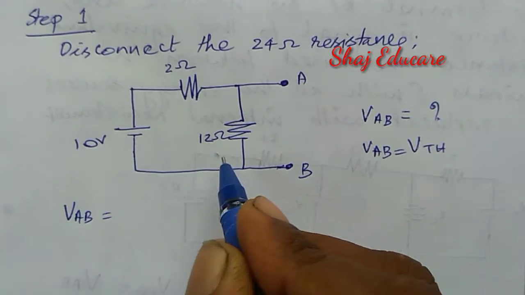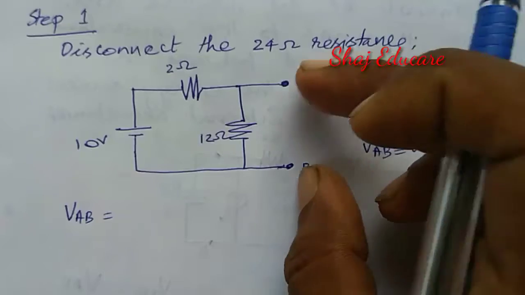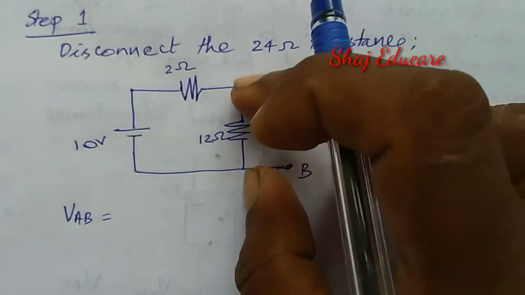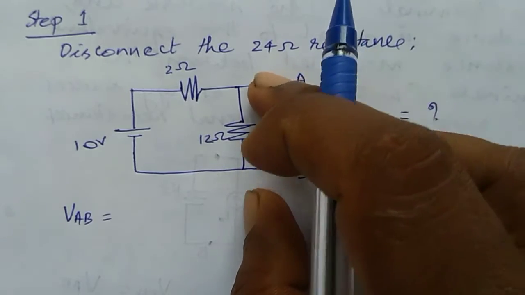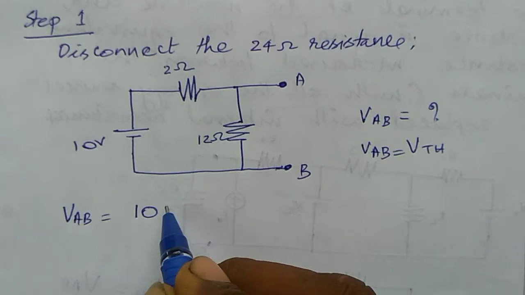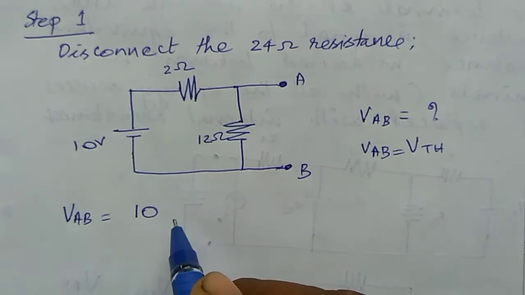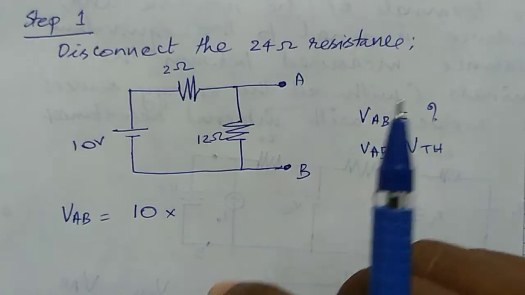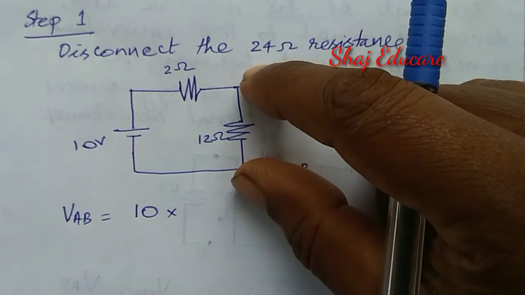By the voltage division rule, the voltage across AB is equal to the voltage across the 12 ohm resistance. The total voltage will be distributed, and we are going to find the drop across the 12 ohm resistance.